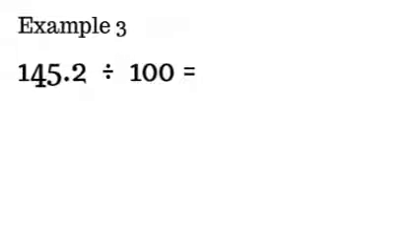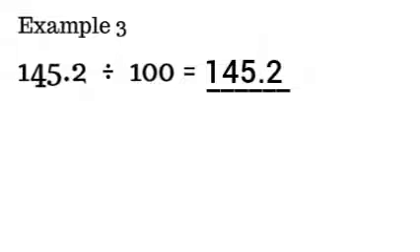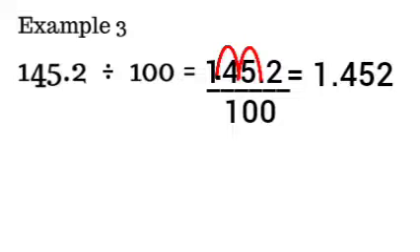145.2 divided by 100. We will write this as 145.2 over 100. Because 100 has two zeros, we will begin from where the decimal point is and count 2 times to the left. We count 1, 2. The answer is 1.452.